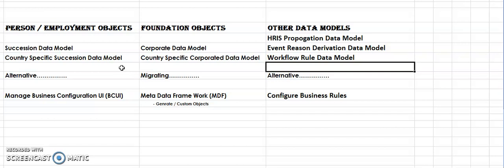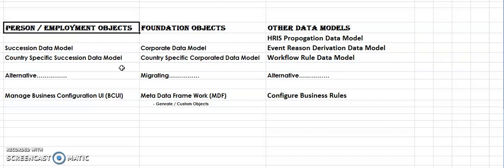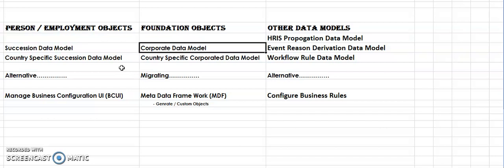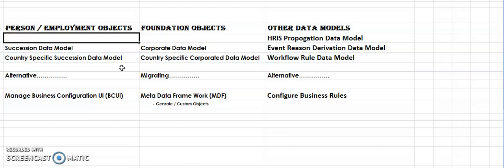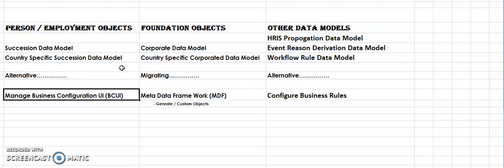As we discussed in the introduction to Employee Central, we have various data models. We have already seen the corporate data model and country specific corporate data model for foundation objects, and the succession data model and country specific succession data model for person objects and employment objects. The alternative is Manage Business Configuration, BCUI.